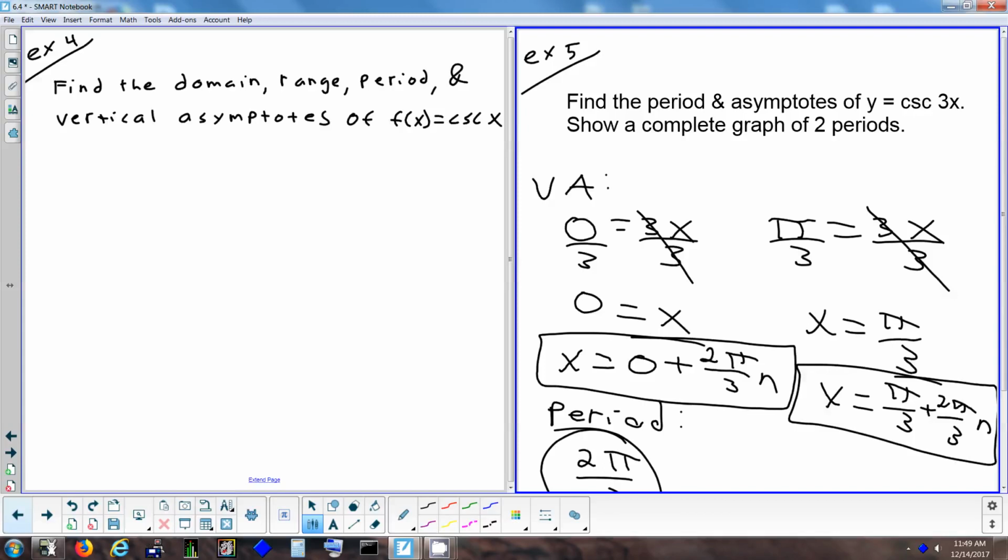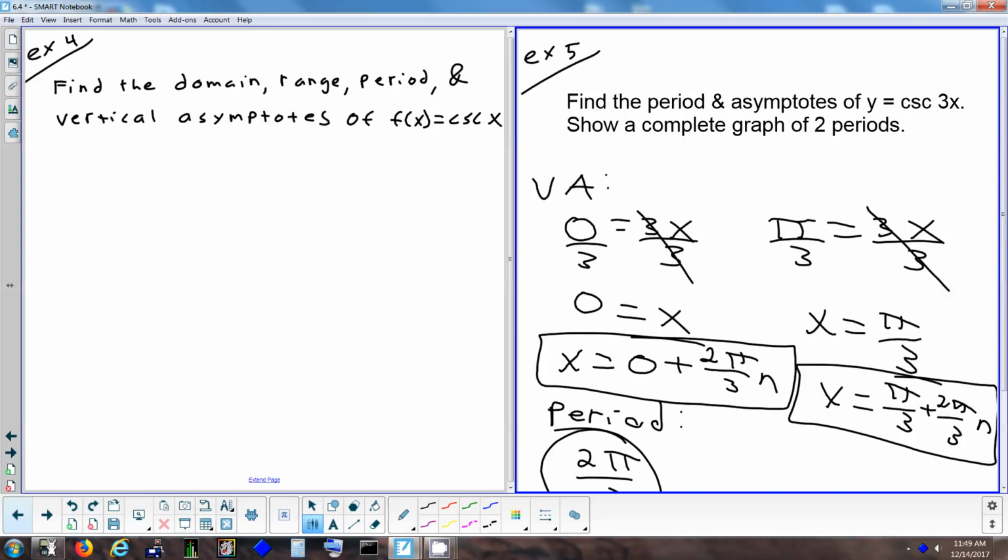All right, show a complete graph of 2 periods. Well, if one period is 2 pi over 3, how much is 2 periods? 4 pi over 3.